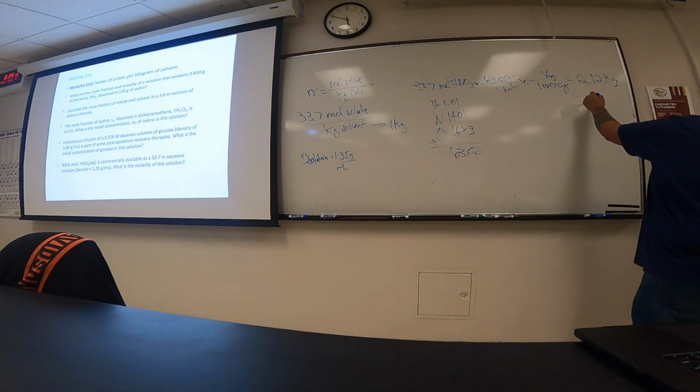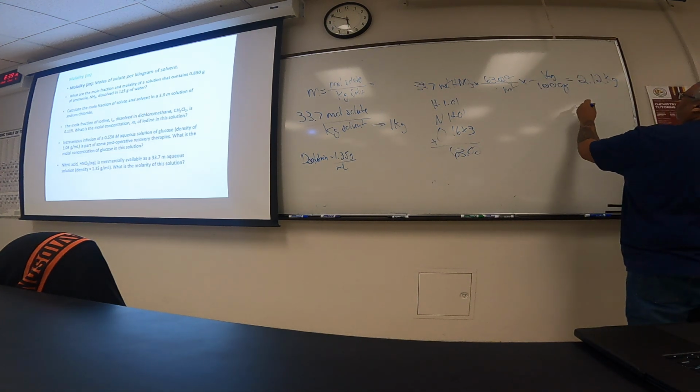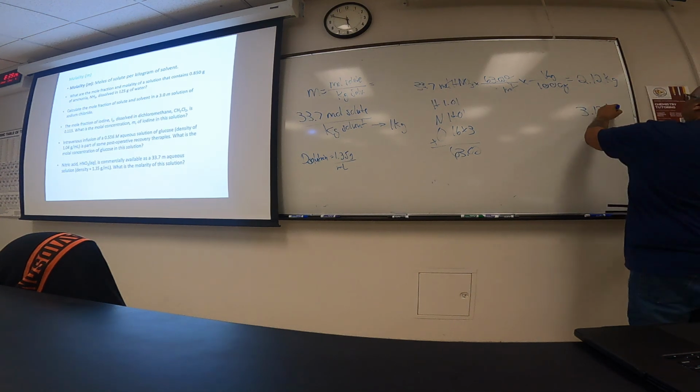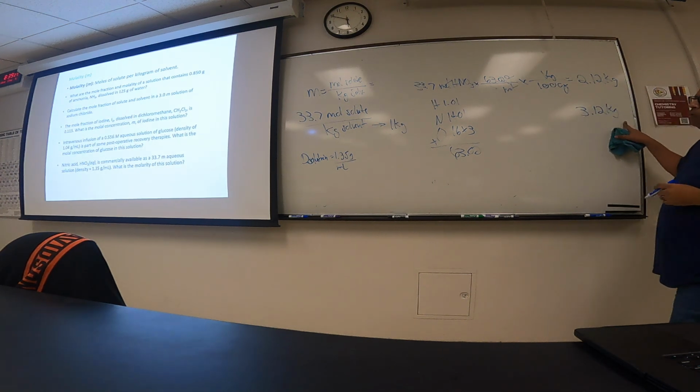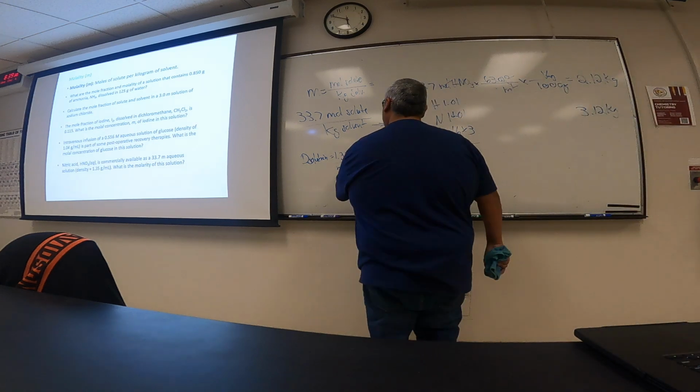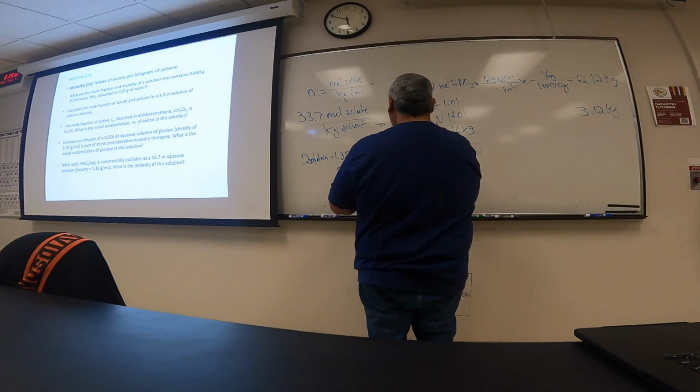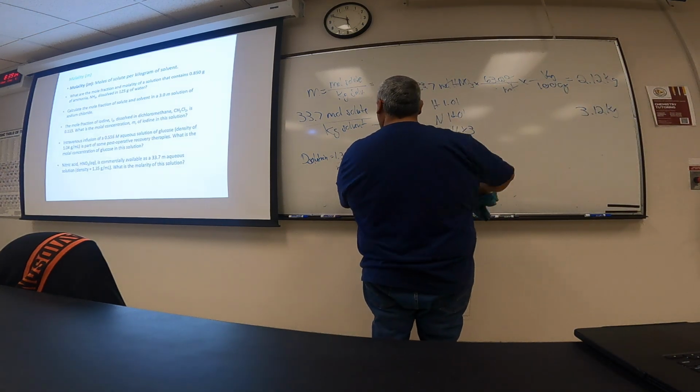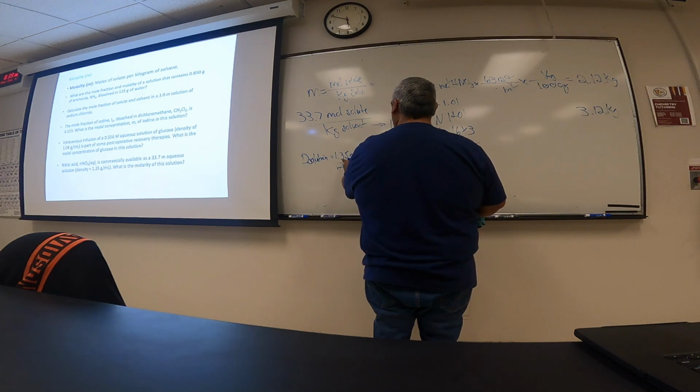So if we add those together, we get 3.12 kilograms. Right. So because we're going to use this, let's put this in here. So let's convert. We can convert this into grams or this into kilograms.